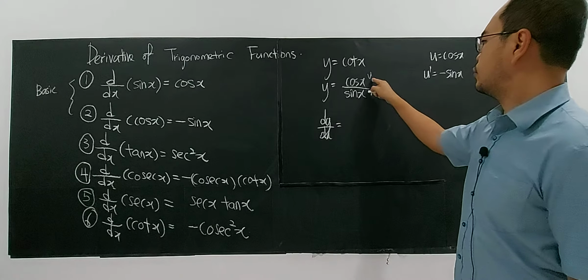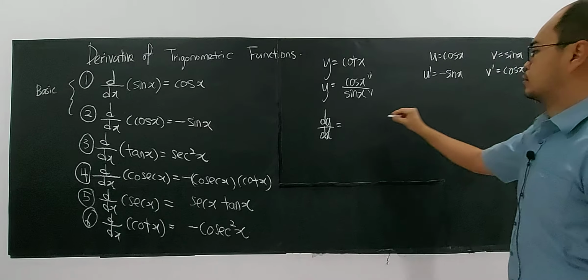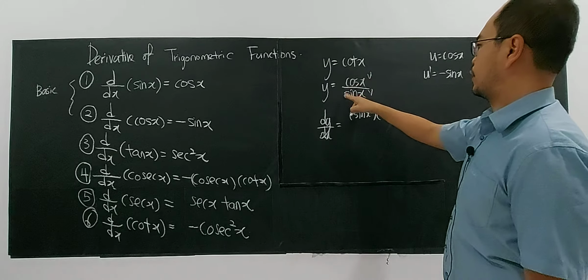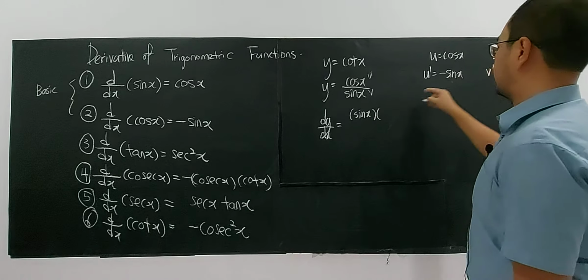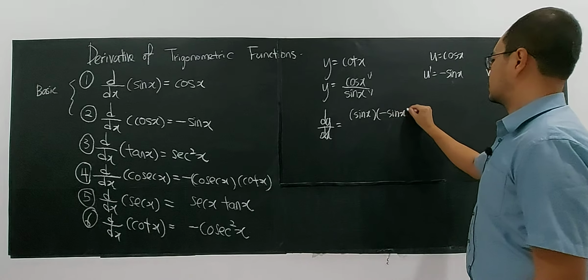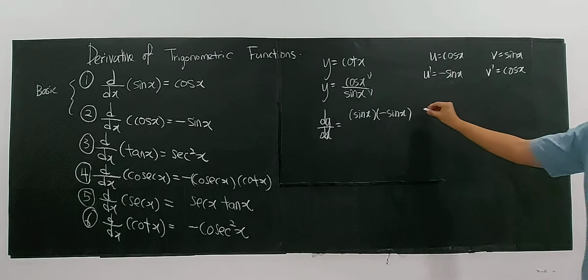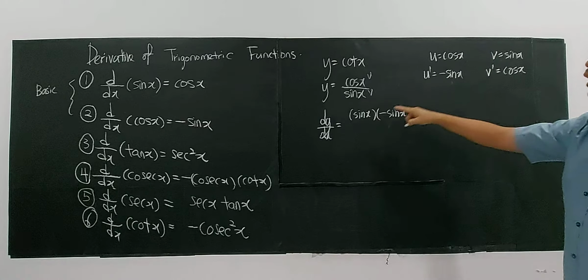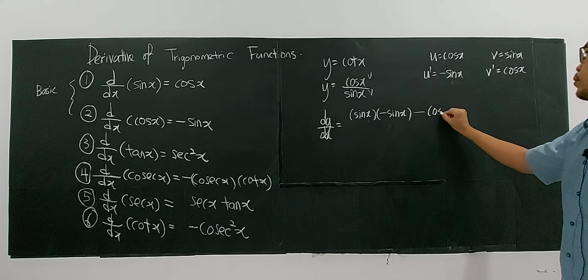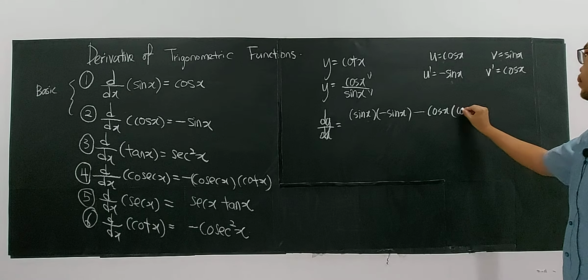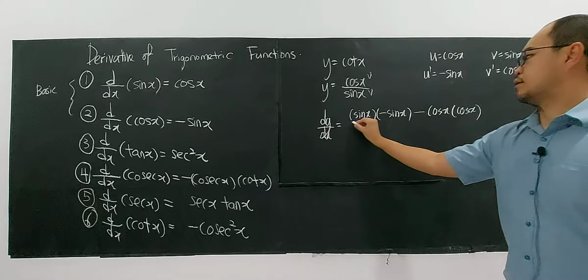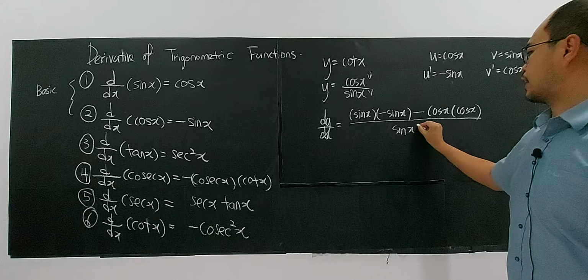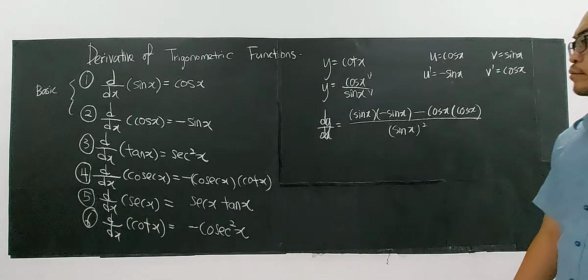So you have v u prime minus u v prime, over v square. Your u prime is negative sin x, right? Negative sin x, negative with v u prime, right? Now u v prime is cos x, divided by v square, sin x to the power of 2, right?